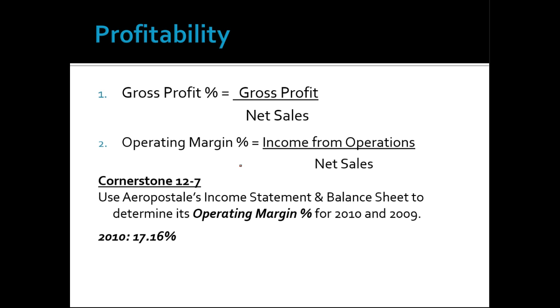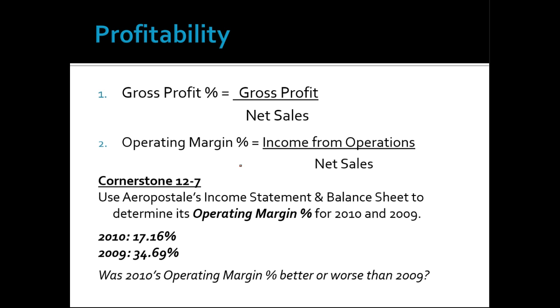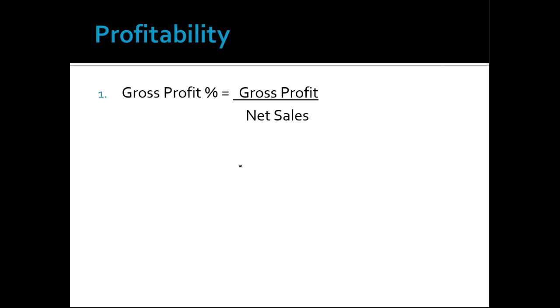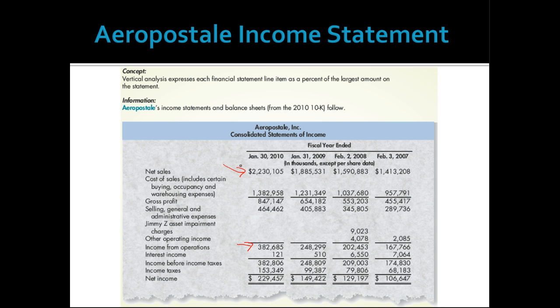So, 2009, what was it? It was 34.69%. Was it better or worse in 2010? Yeah, it was much worse. Now, it was better when it came to gross profit margin, and now it's worse when it comes to operating margin. Let's just go back and let's just see.